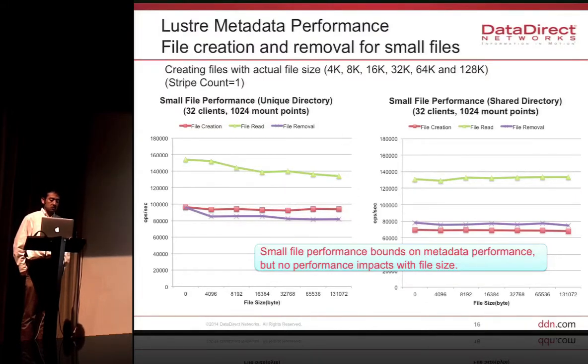So Lustre is still good with small files, as well as 0-byte files. However, you can see we didn't get better performance, because the small file performance is bound by the metadata performance. So we cannot get better small file performance than the metadata performance.